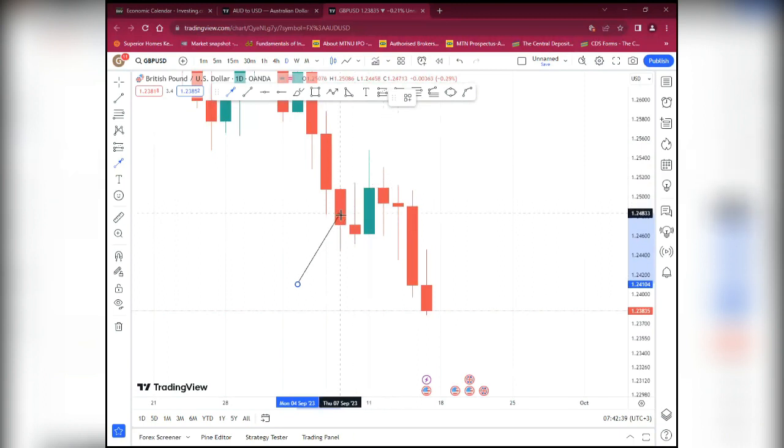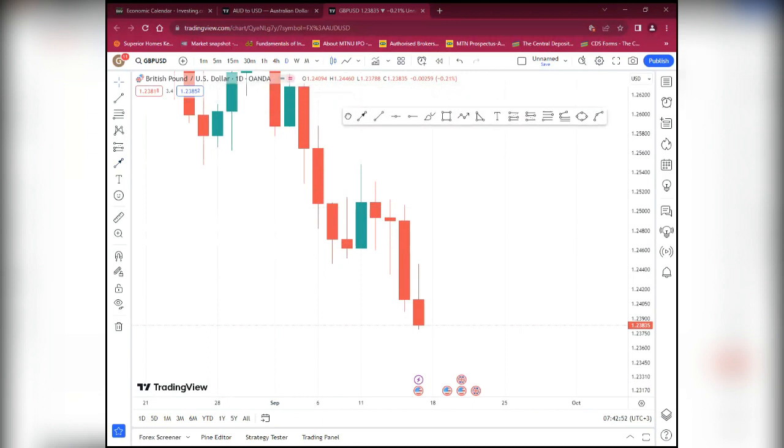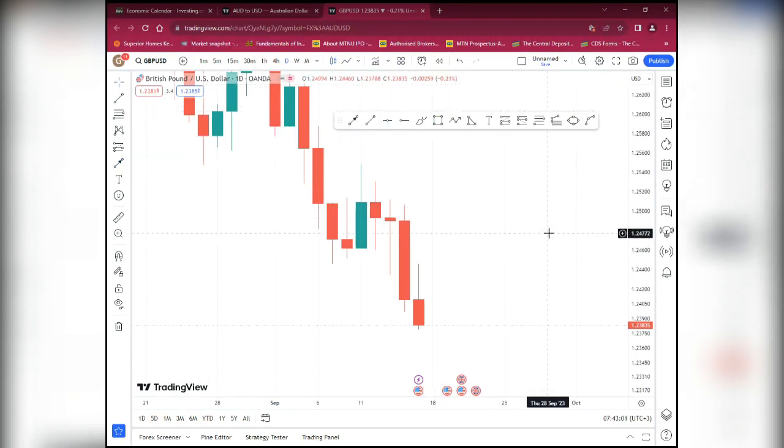And if you guys don't want to read to the left, you can just place the cursor right here and then read up here. Look guys, it's all written up here. OHLC. Boom. You already have everything that you're looking for.